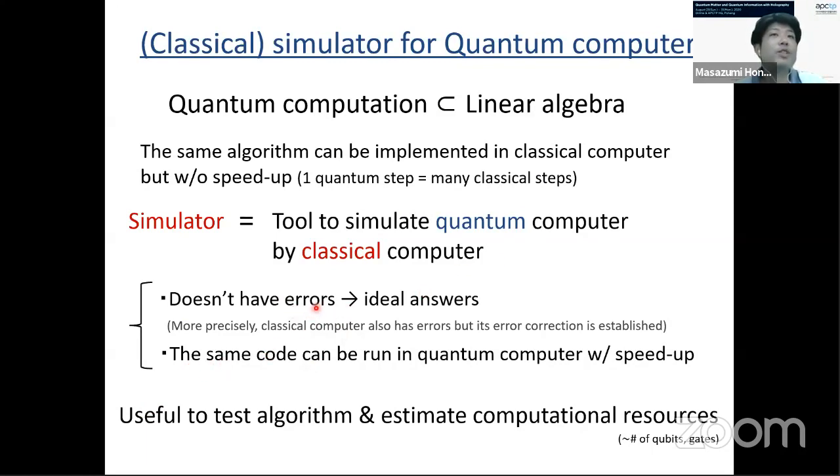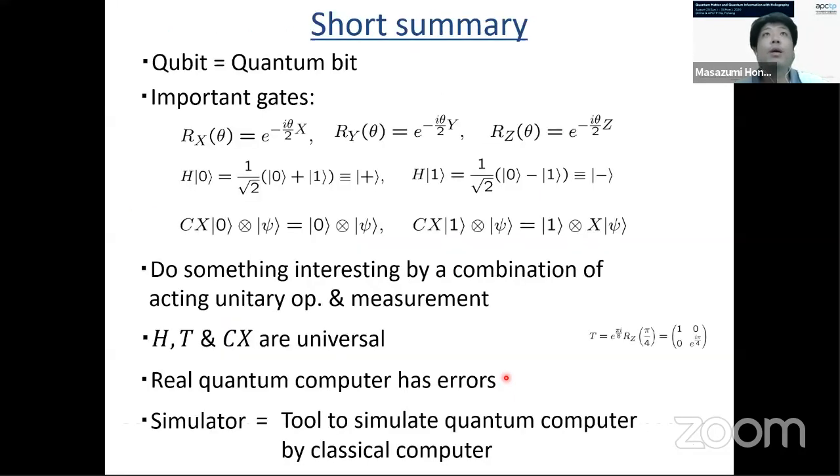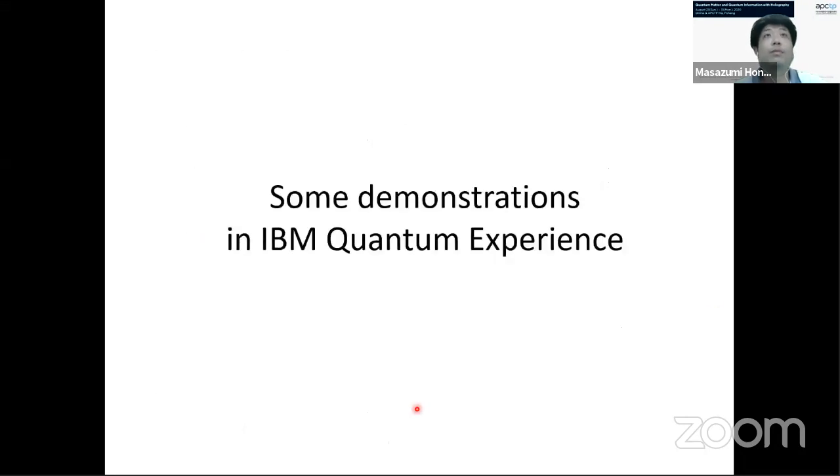The same code can be run on a quantum computer with speed up. Here are some important sets of gates, which are exponentials of Pauli matrices, the Hadamard gate, controlled X, and so on.